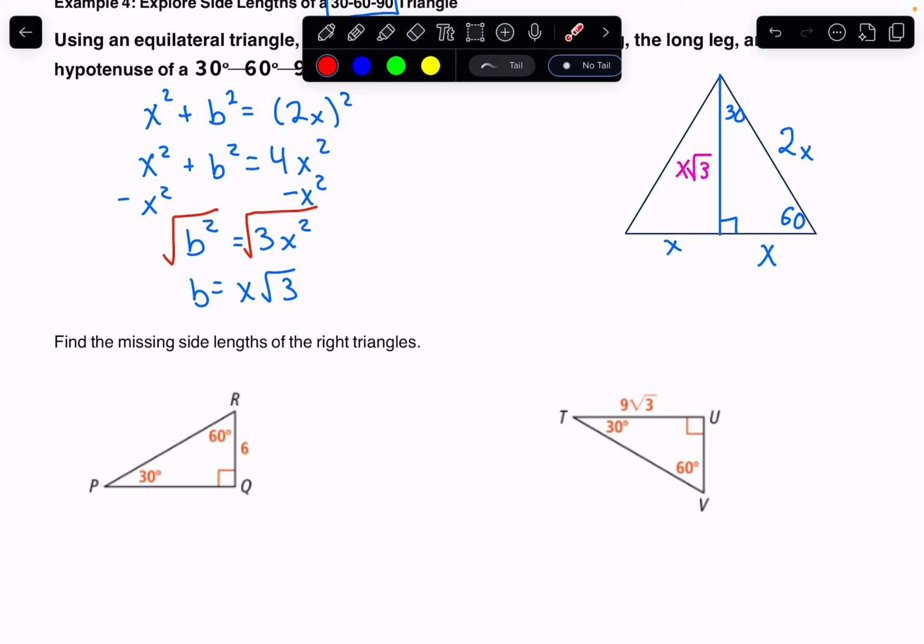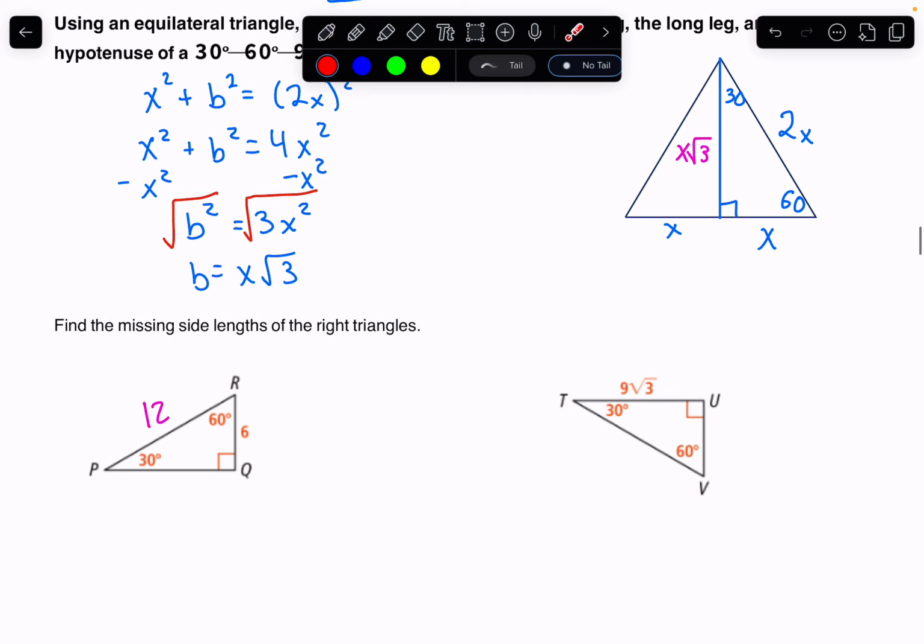So if I have a 30, 60, 90 triangle right here, and the shortest side, we can tell it's the shortest because it's opposite the 30-degree angle, is 6, the hypotenuse will be twice as long. That'll be 12. And then the middle length side will be the x root 3 side, this side right here. And if 6 is x, then we can call this middle side 6 root 3, just like that.